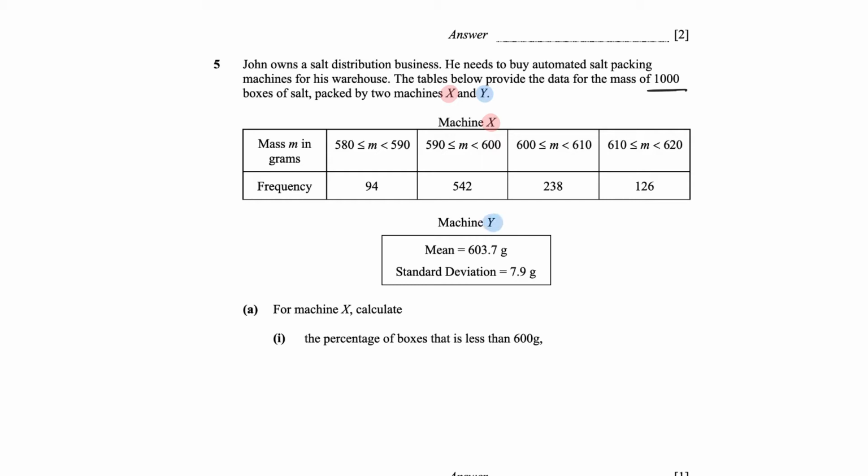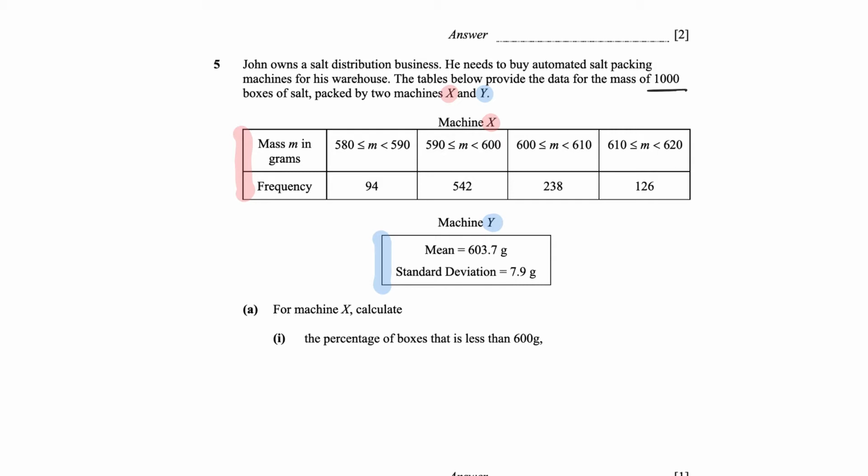So two different tables, right? This is for X, and this is for Y. For machine X, calculate the percentage of boxes that is less than 600 grams. For machine X, we're looking at this table, mass M in grams. It's a range, right? Greater or equal to 580, but strictly less than 590. 94 boxes fall into this category.